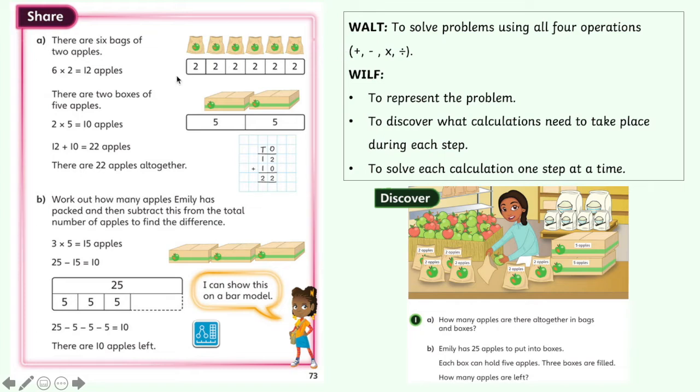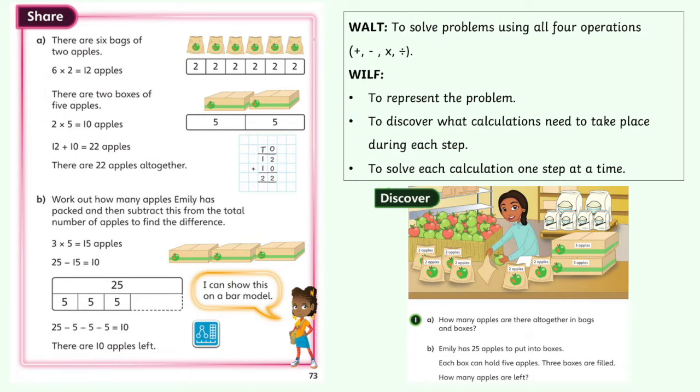Now we've got another step. We need to work out how many are in the boxes. Now there are 2 boxes. You can see them down in the picture there. And each has got 5 apples. So again, we've represented that as a bar. 5 in this box, 5 in that box. And 2 boxes of 5 apples, or 2 times 5 equals 10 apples.